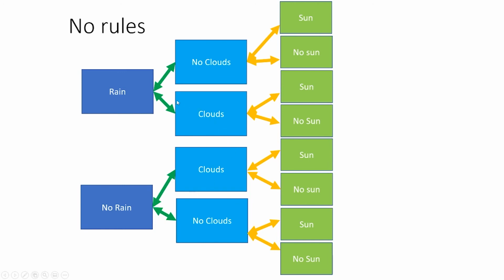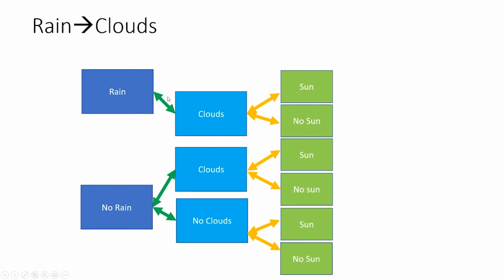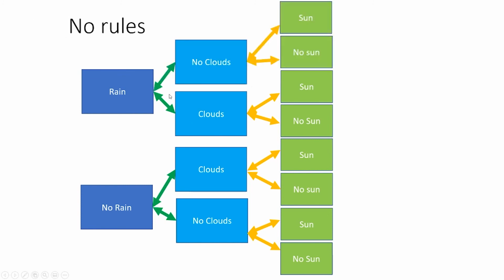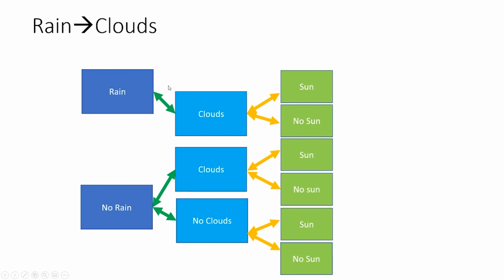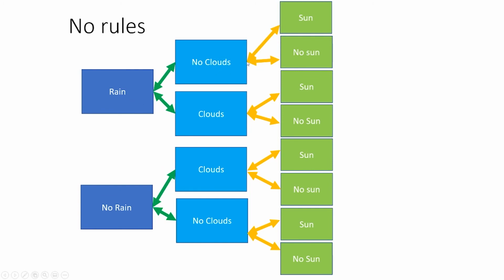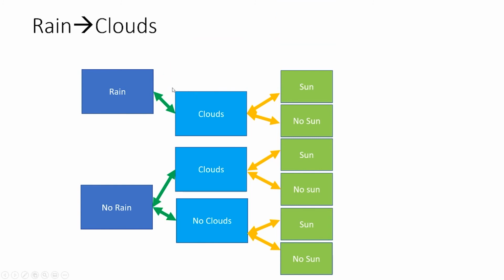If we apply that first premise, that introduces some rules, right? That excludes certain possibilities. So if it's raining, then it's cloudy, excludes all cases where it's raining and it's not cloudy. So we can scratch that no clouds and the sun related to that scenario. So we can remove that scenario from all possibilities.